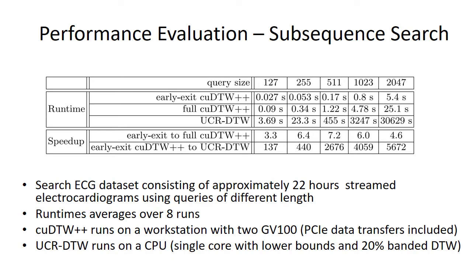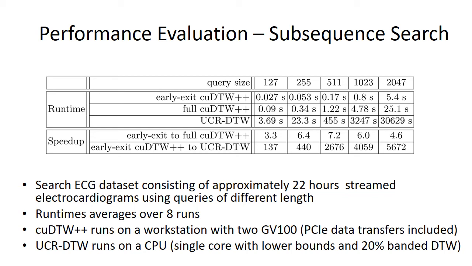Another performance evaluation, subsequence search. There you do not have many independent time series, but just one very long time series, in this case a streamed ECG signal of 22 hours, and then you want to find a subsequence or sub time series which is most similar to your query.